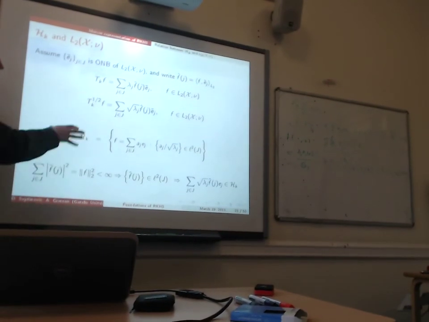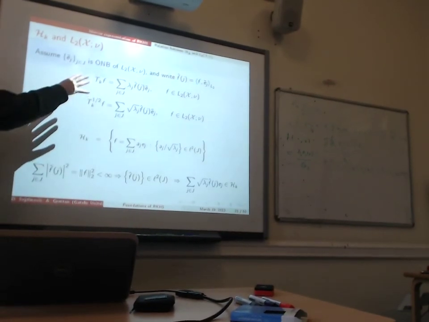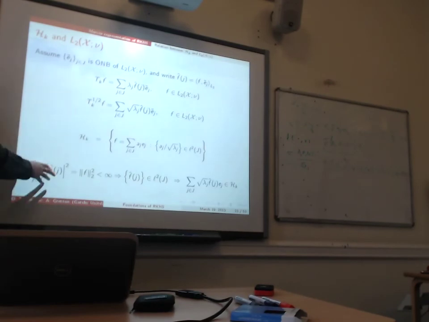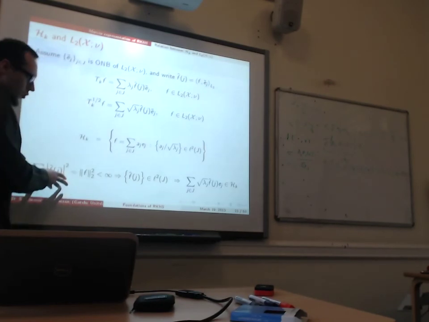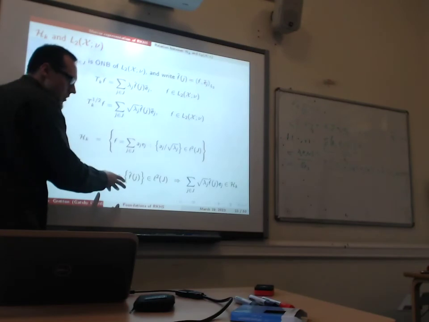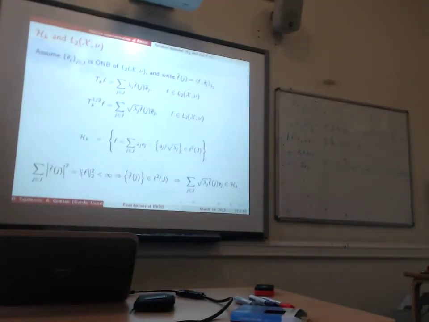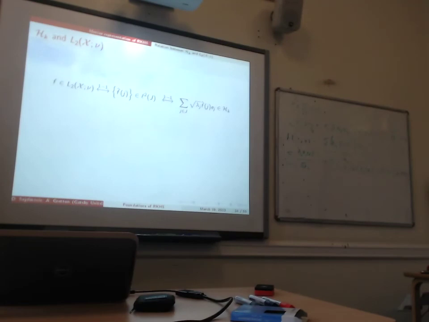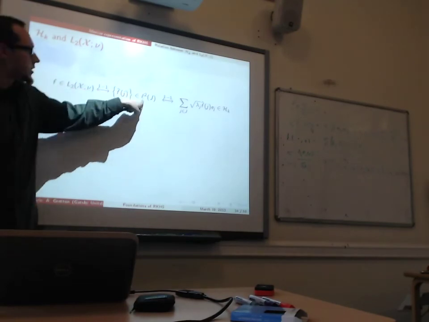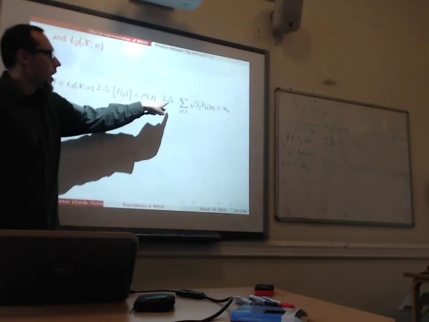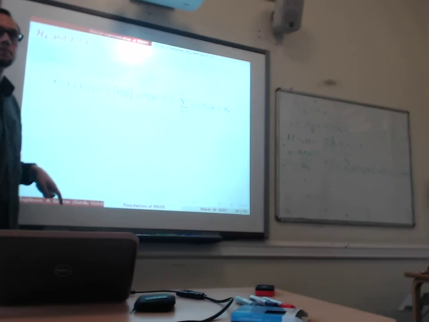So we just started with any function f in L2, expanded it in an orthonormal basis, got those coefficients, and then scaled those coefficients with the square root of lambda j. I got a function in the RKHS. Okay, so what have we done? We've established a one-to-one map between functions in L2, sequences in small l2, and functions in the RKHS.